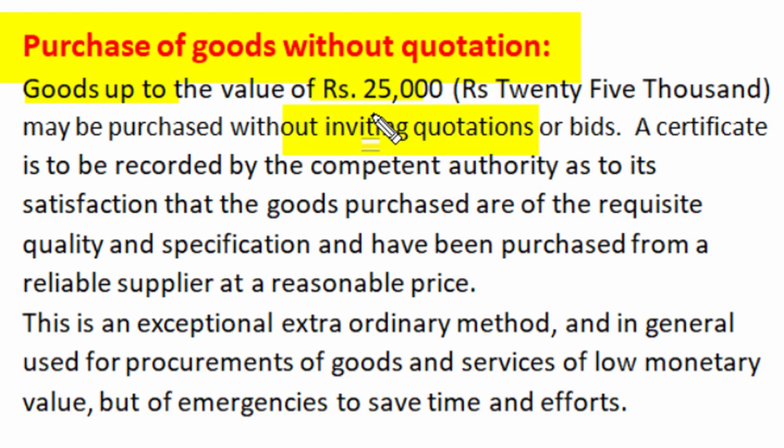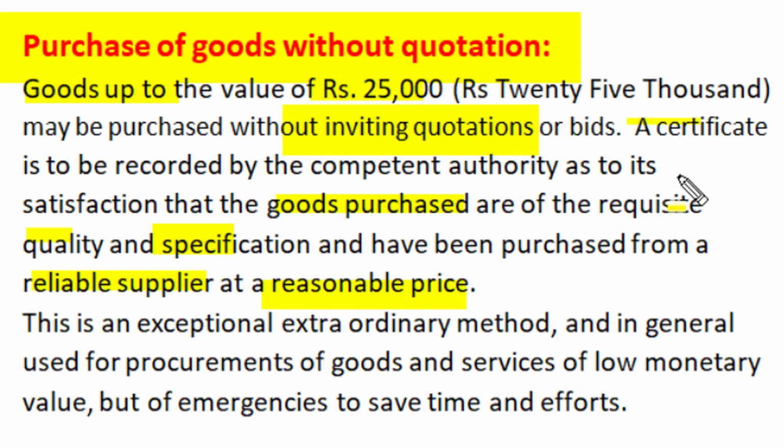But for that sake, a certificate is to be recorded by the competent authority who is empowered to make such procurement, and in that certificate it is to be recorded that the goods purchased are of requisite quality and specification, and they are purchased from a reliable supplier, that too at a reasonable price.